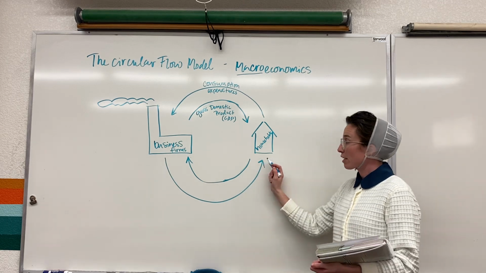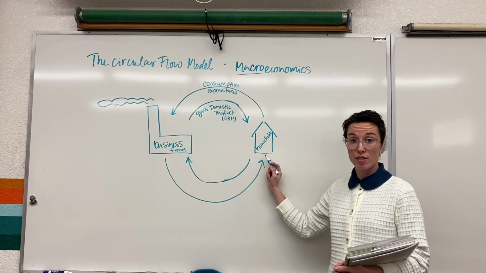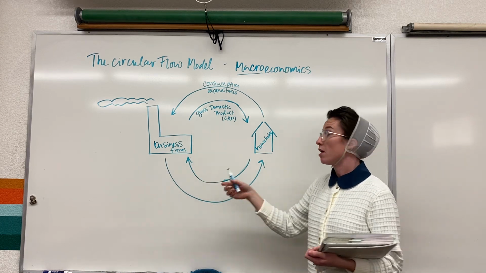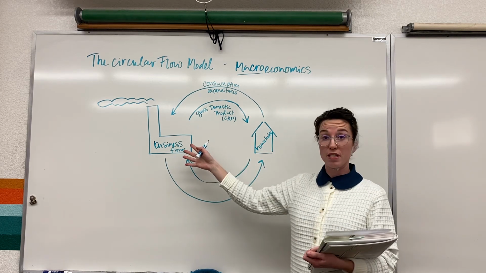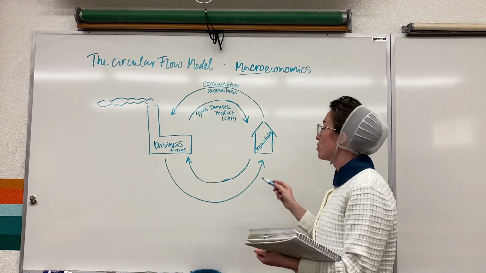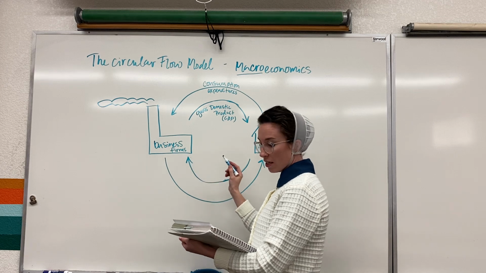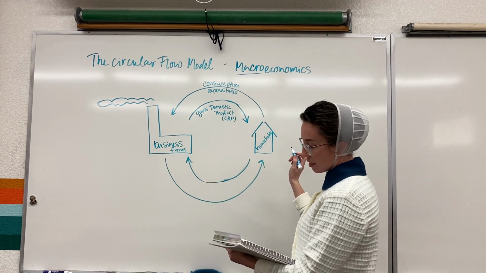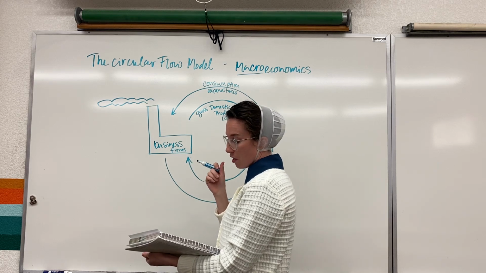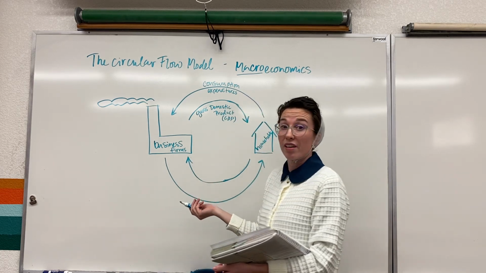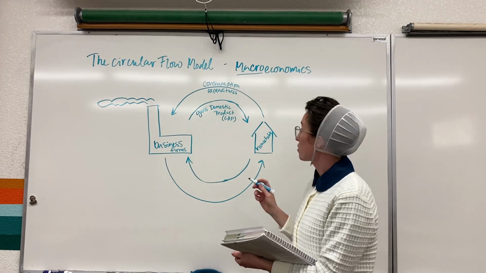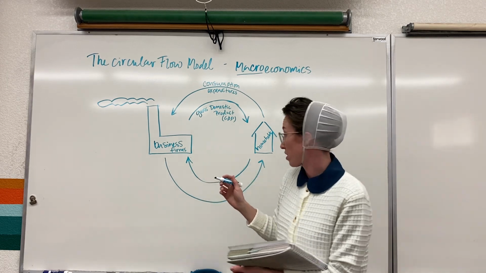And they get these factors of production from households. People invest in business firms, that gives them money. People go to work for business firms, that gives them employees, different things like that. So all of the goods and resources that are necessary for a business to work comes from the household, and these are called factors of production.